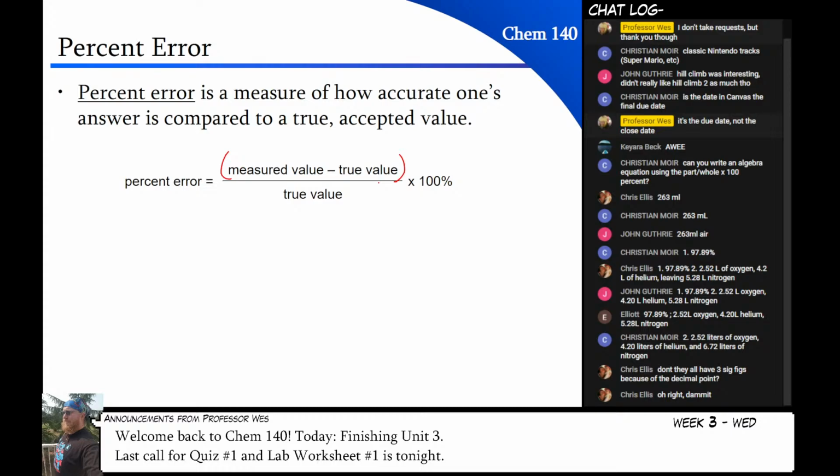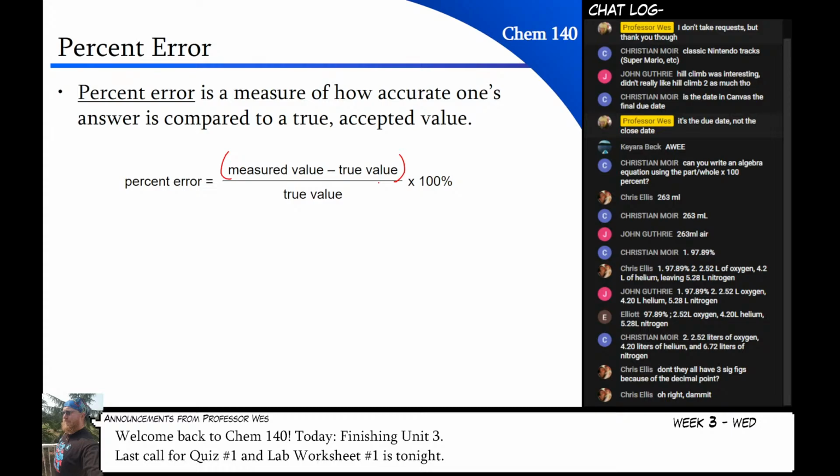All right, percent error is a deviation from an expected outcome. If my object that I'm measuring is like 11.2 feet in diameter, we'll say, but the expected diameter is 11.0 feet, I'm off by 0.2 feet.